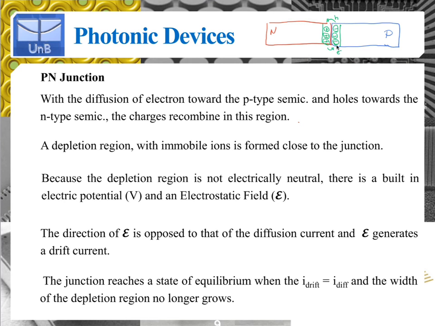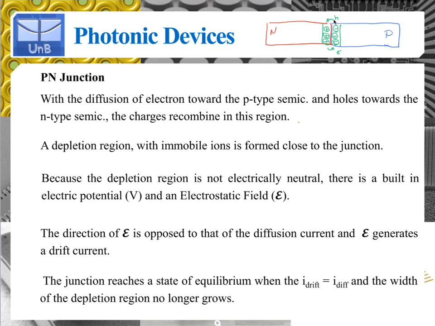Now actually, when the electrons move from the n-type semiconductor into the p-type semiconductor, they will recombine with holes here, and these immobile ions will be formed. So they will recombine, right? They will fill the place of the holes, and there will be no more free electrons or free carriers.